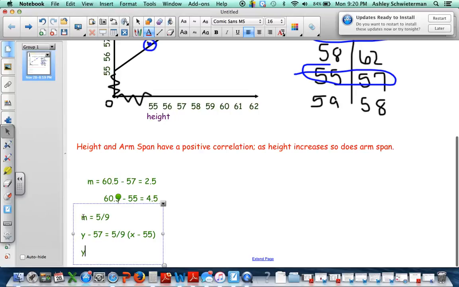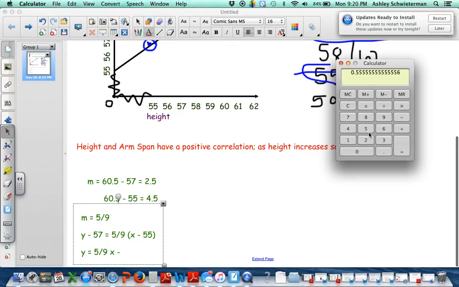So we're going to have y equals 5/9 x minus 55 times 5/9, and that's negative because it's already minus, plus 57 equals 26 4/9.